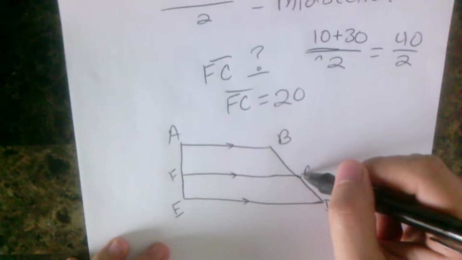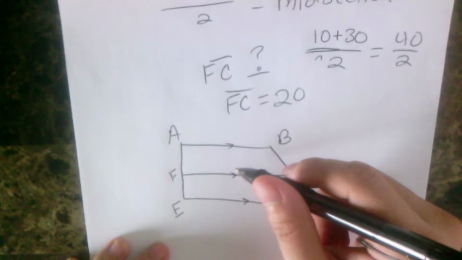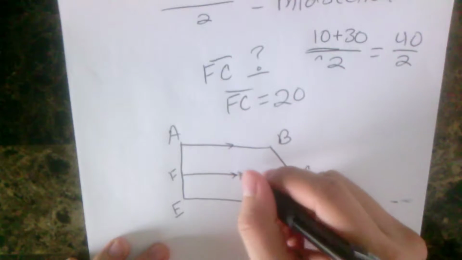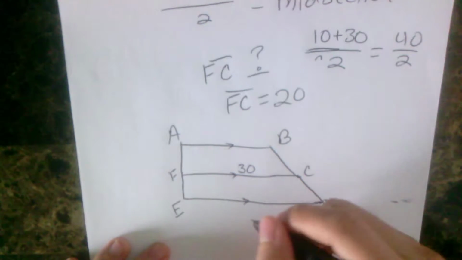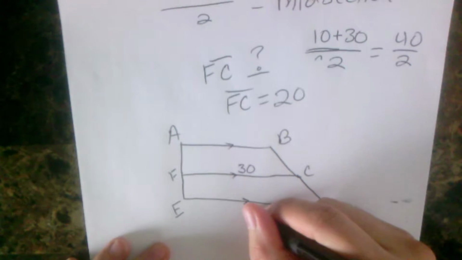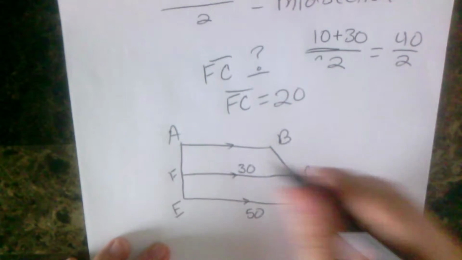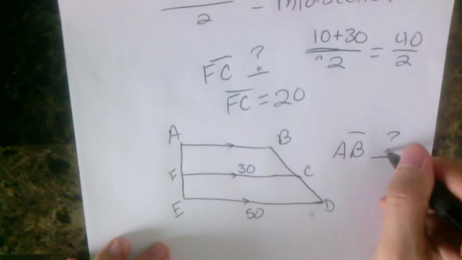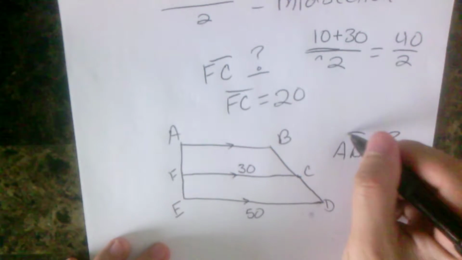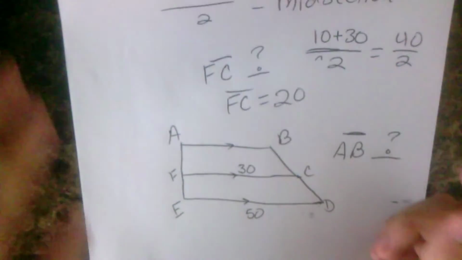And we're going to go ahead and calculate some values. But here's the thing. Instead, I'm going to be giving you that this is, I don't know, 30, and this is 50, okay? And I need you to find AB. So AB is unknown. Don't worry, this problem still works out because you're going to use your midsection formula again.